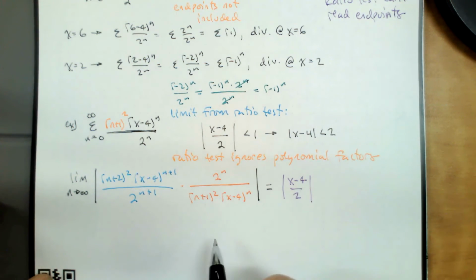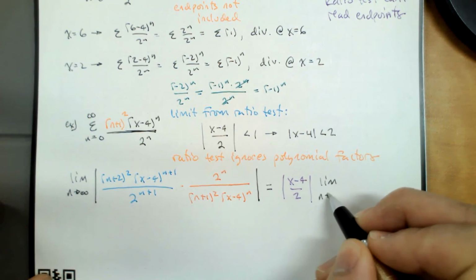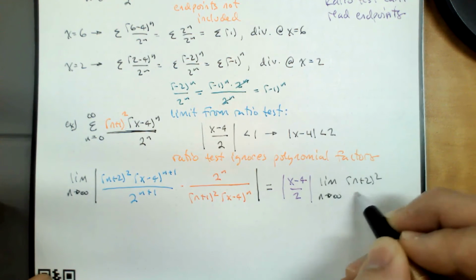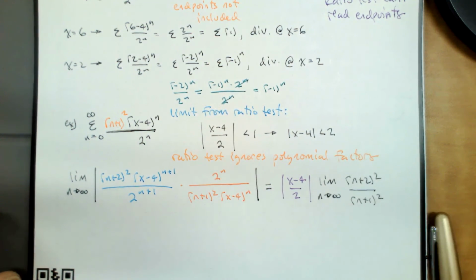Since all the n part cancels with the x minus 4 and the 2 to the n, we can take it out of the limit as n goes to infinity. I've got the limit as n goes to infinity of n plus 2 squared over n plus 1 squared. N squared over n squared, that limit goes to 1.